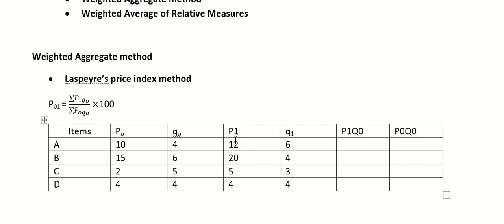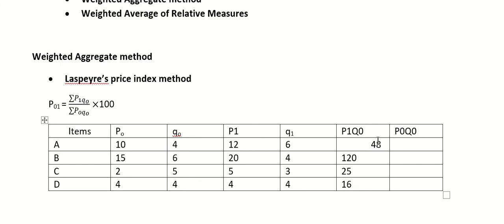So this P1 and Q naught, this I have to multiply. This is 48. Then we have 20 into 6, 120. Then we have 25, 5 fives are 25. Then we have 16.